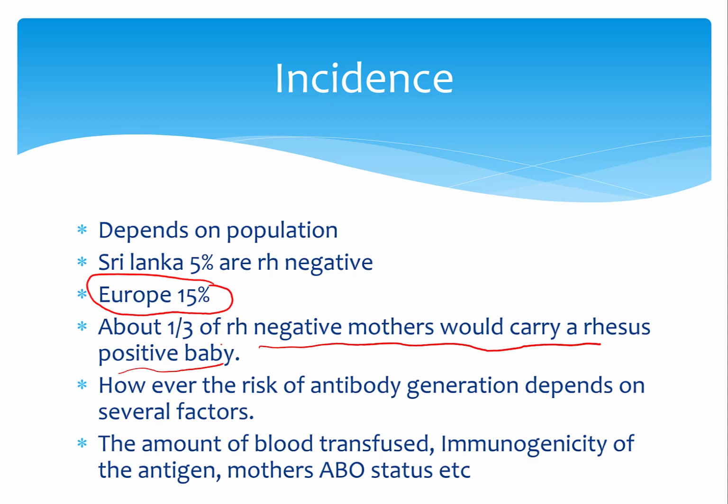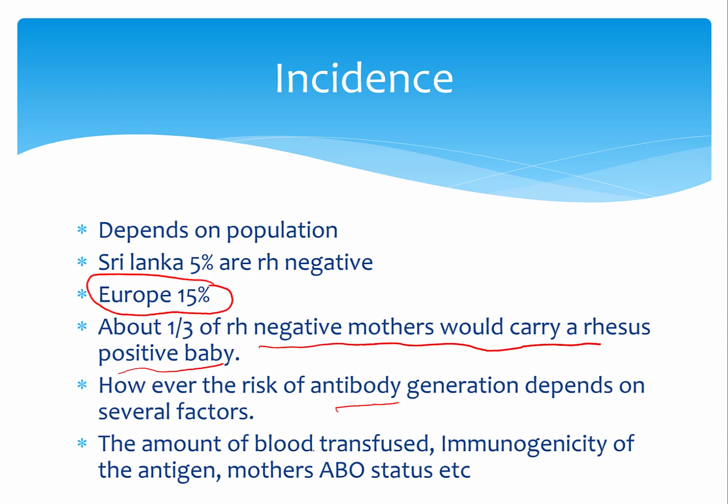The chance of antibody generation depends on several factors. If a single cell passes, that will probably not trigger the maternal system to generate an antibody. Then there is the immunogenicity of the antigen itself, whether the fetal cell has capital D or simple c or capital E or simple e antigen.